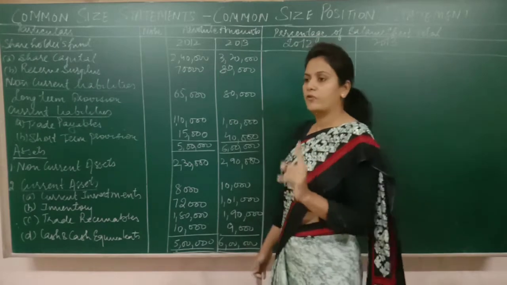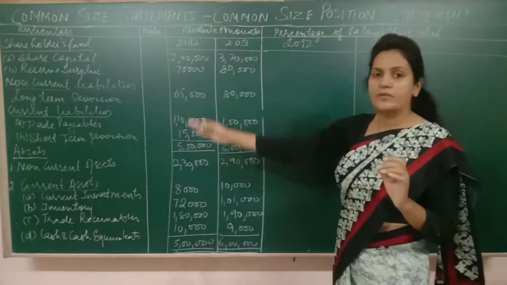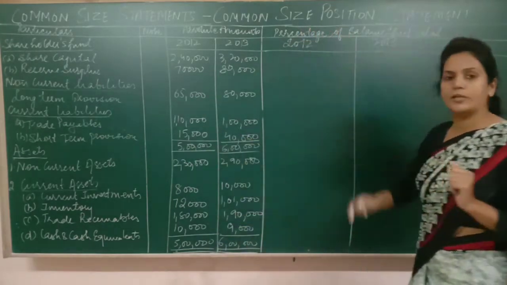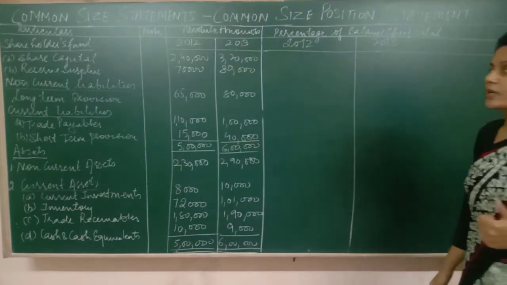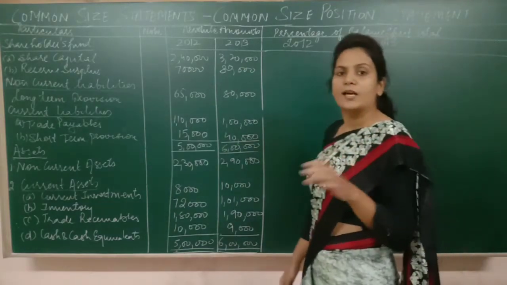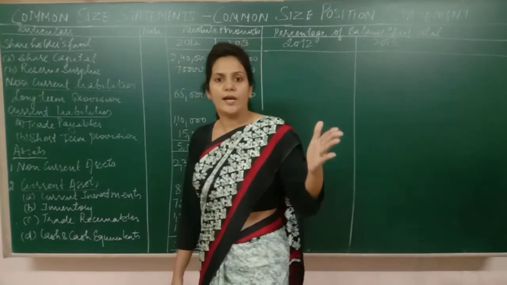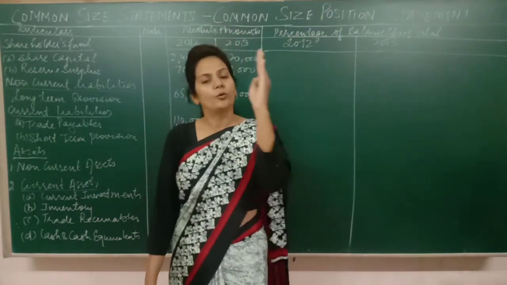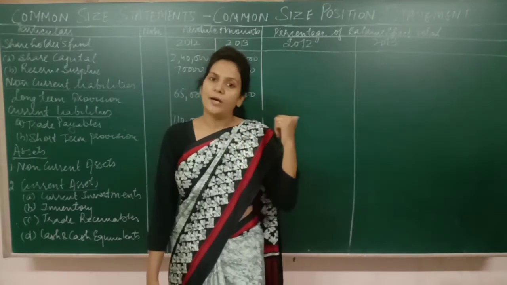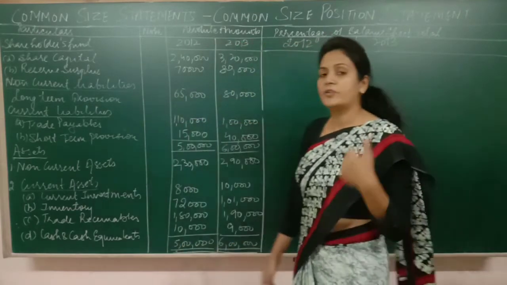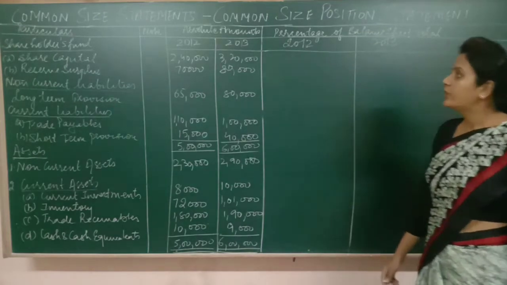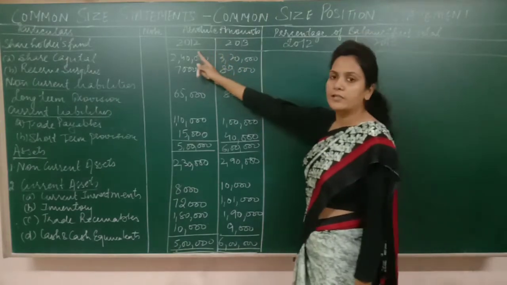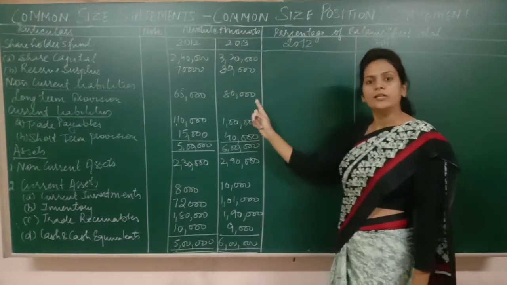So it means first of all, from the data given, you have to draft a balance sheet, because we are learning how to make a common size position statement. Then in the question, just like comparative balance sheets, the value of the current year will be given to you first, followed by the value of the previous year. But after redrafting the balance sheet, we need to write the value of the previous year, followed by the value of the current year.